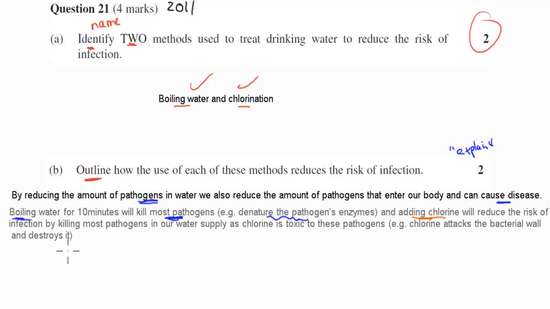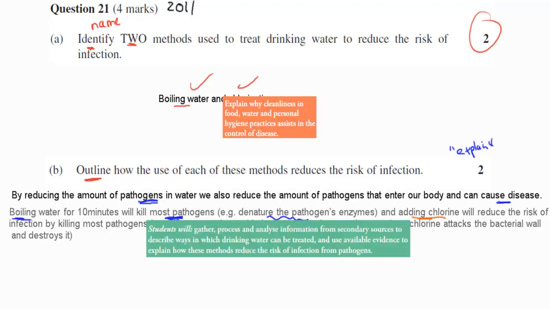Also maybe for quick revision, in terms of something to examine in a higher order question, these questions came from these 2 dot points. So explain why cleanliness in food, water, and personal hygiene, in this case we talked about water, assist in the control of disease. That's how being good when it comes to water control, boiling water, would help control the spread of disease.